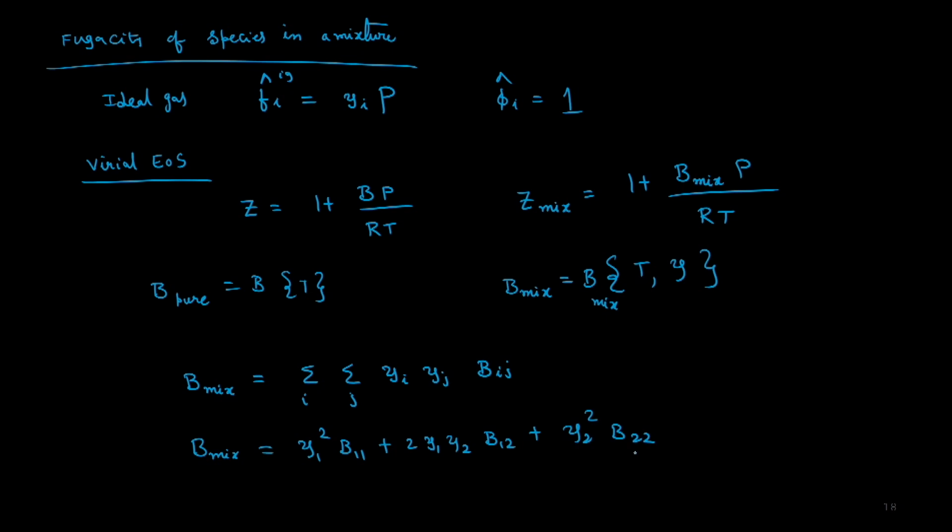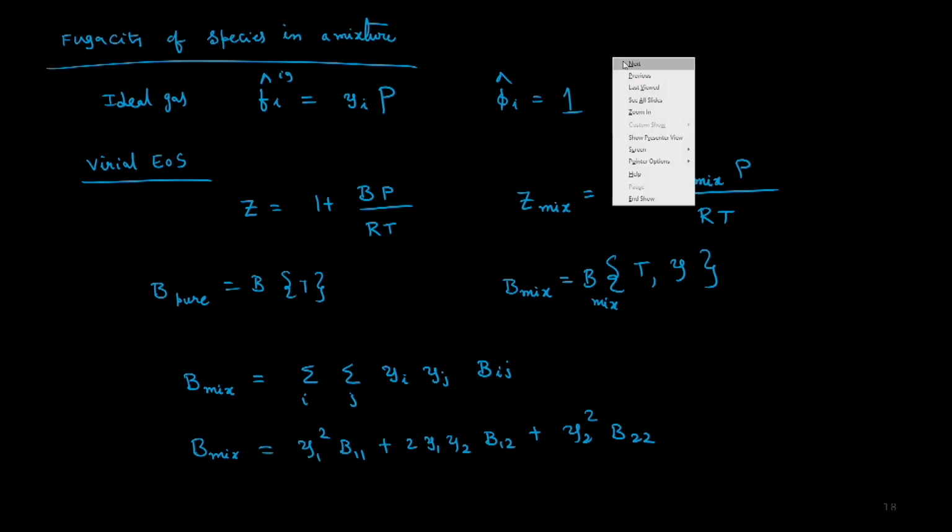Now, if you notice, the expression for B mixture contains 3 virial coefficients in addition to the mole fractions. Let's rewrite that equation again. B mix is y1 squared B11 plus 2 y1 y2 B12 plus y2 squared B22.